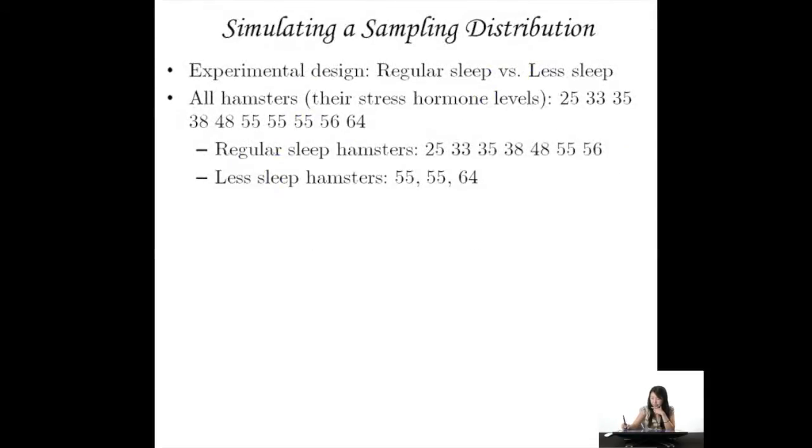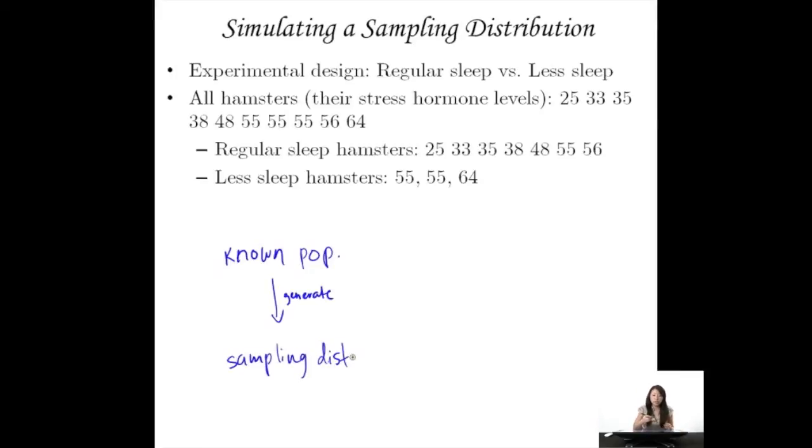All right. So now we're going to talk about actually simulating, generating a sampling distribution. So this is the idea of how do we go from that known population and generate, create a sampling distribution.